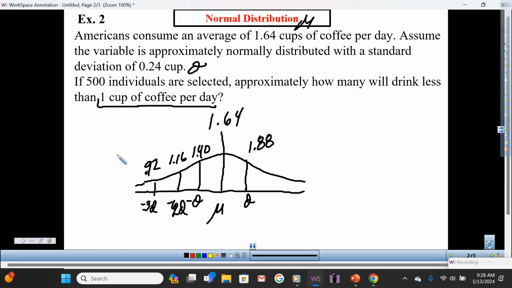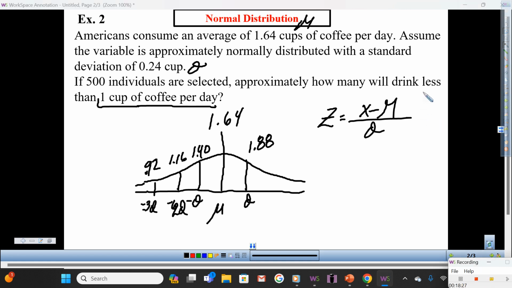All right. So, with that said, I'll give you some time. Use your formula. Find me z, x, mu, standard deviation.